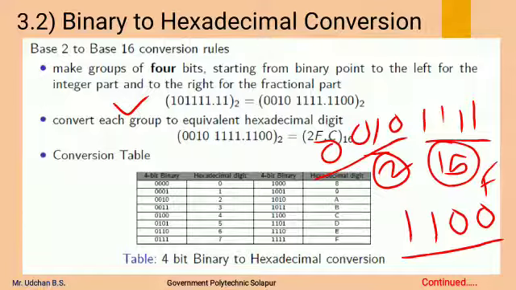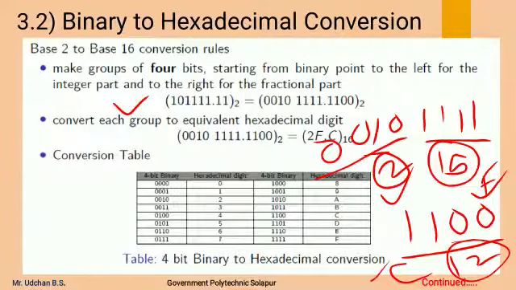For this you will get the equivalent number as 12, which can be written as C. This is how for the given binary number we will get 2F.C as a hexadecimal number. This is how we can convert the given binary number into octal and the given binary number into hexadecimal. Thank you.